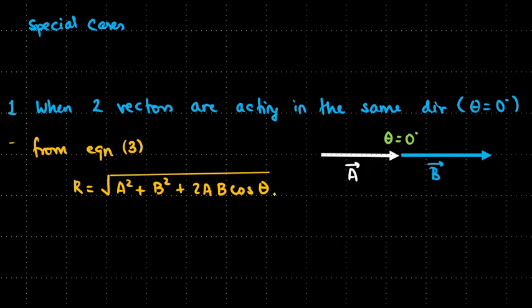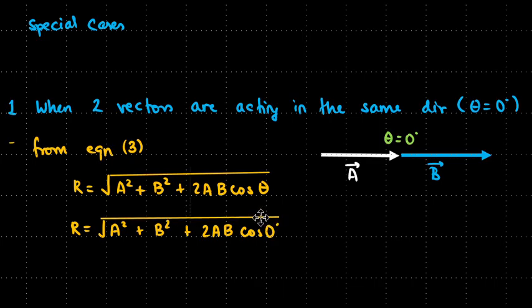And what was the value of theta? The value of theta was 0 degrees. So a square plus b square plus 2ab cos 0 degrees. So what is cos 0 degrees?